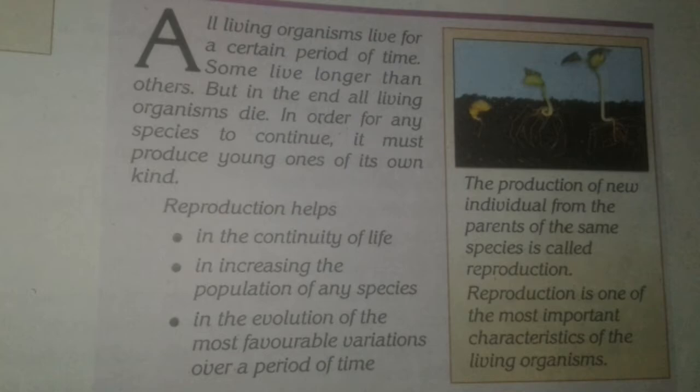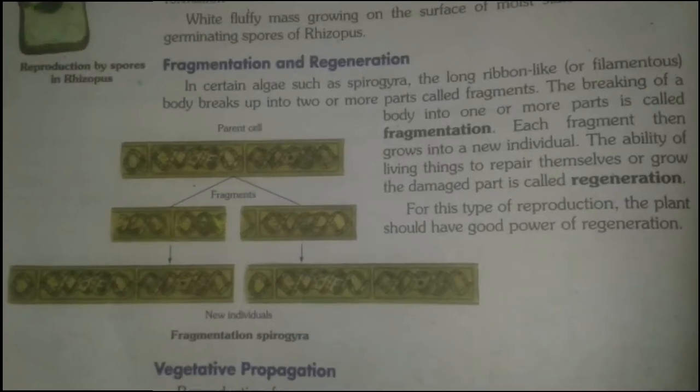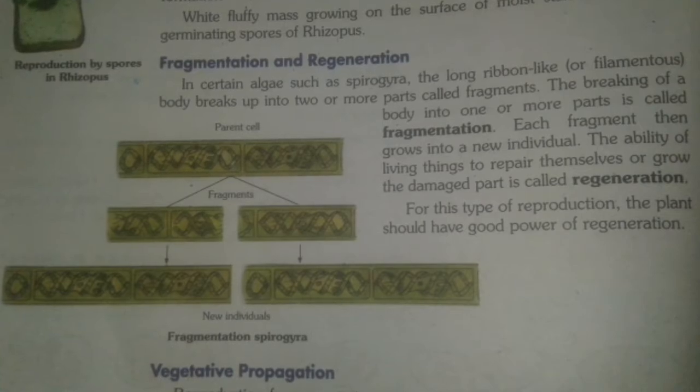Vegetative propagation has two parts: one is natural, which we will discuss, and the other is the artificial method. If the video is not too long, I will continue with that topic today. Otherwise, if it takes time, I will put it in another video. So guys, let's start the topic.